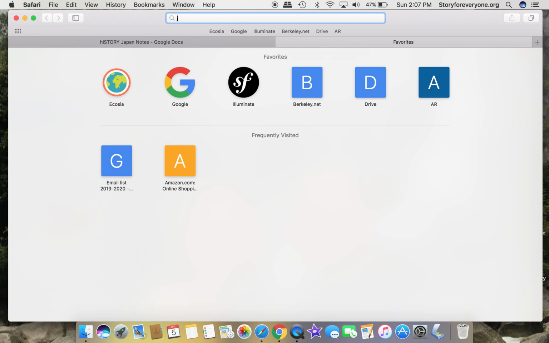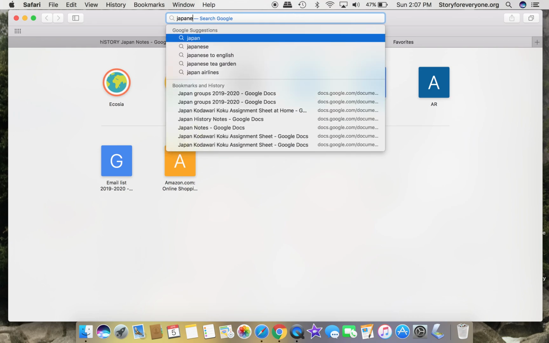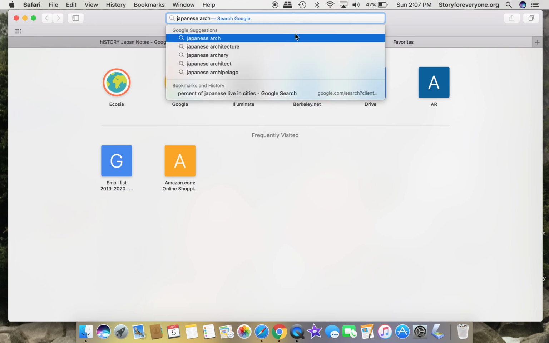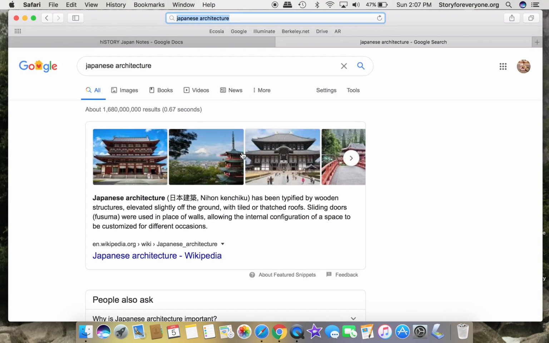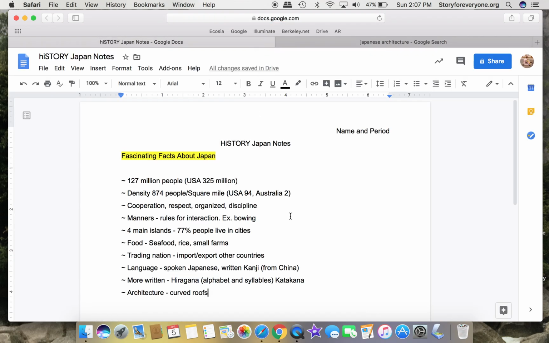So if you look at Japanese architecture, you can see these curved roofs, and you can see that it looks a little bit like some of the same types of architecture you saw in China. They, of course, added their own flourishes to make it uniquely Japanese. And there's also a really big emphasis on the elegant use of space. And that is, again, with regard to the fact that they have such high population density.